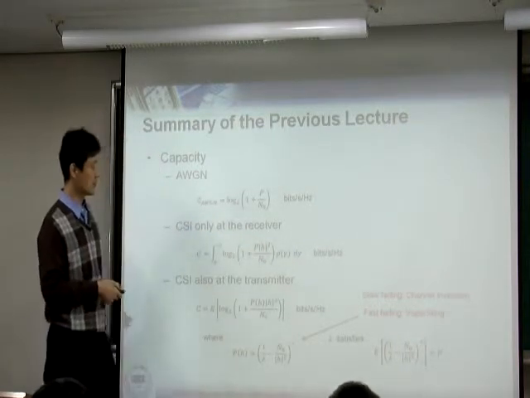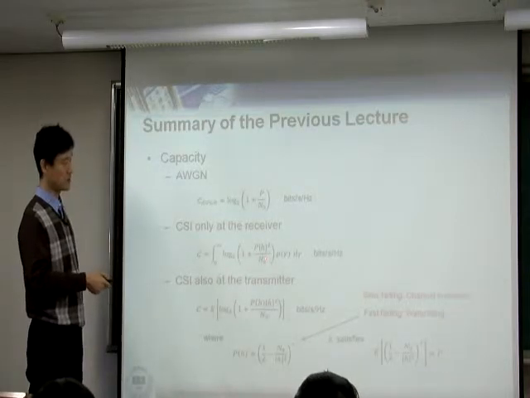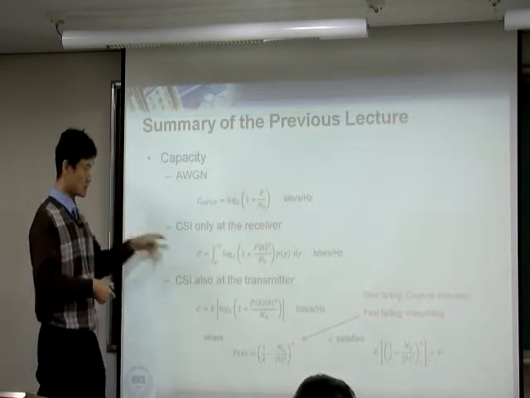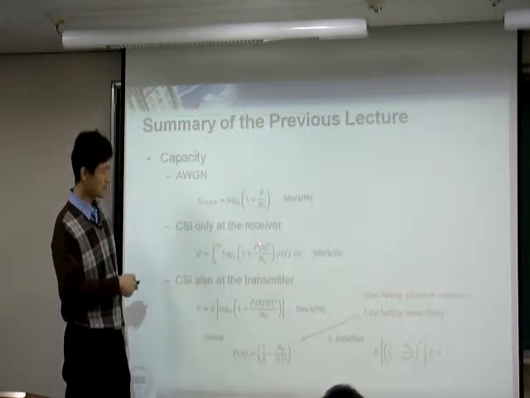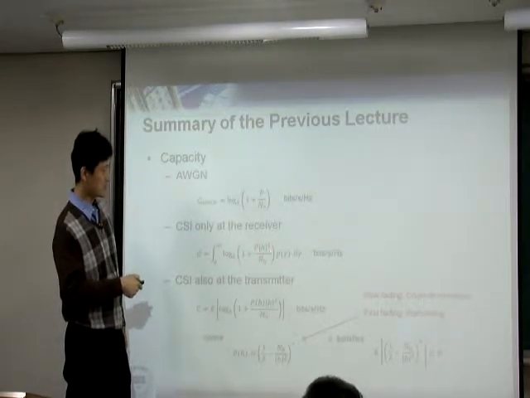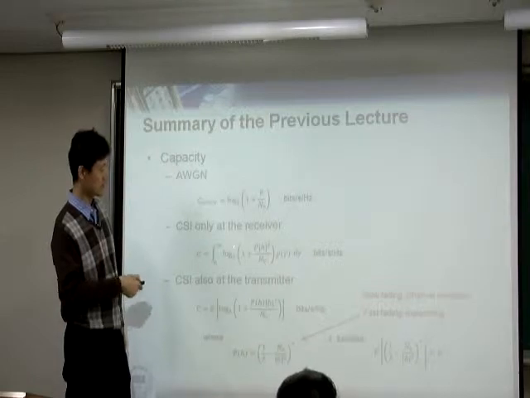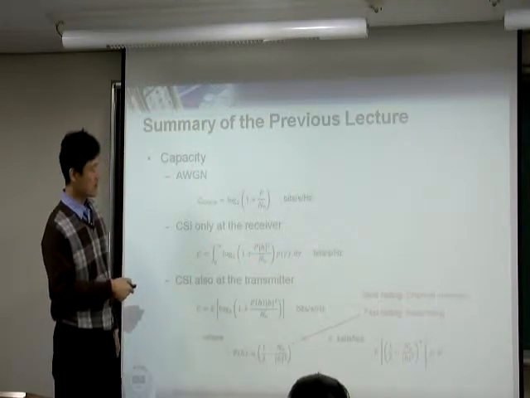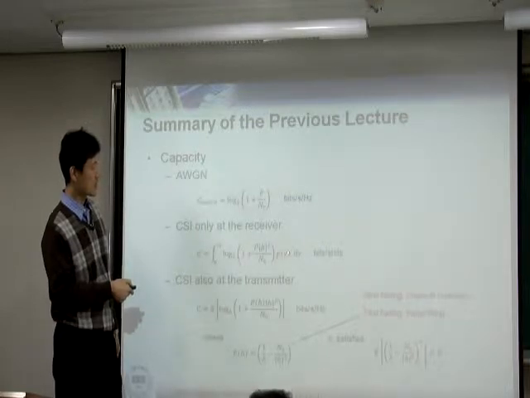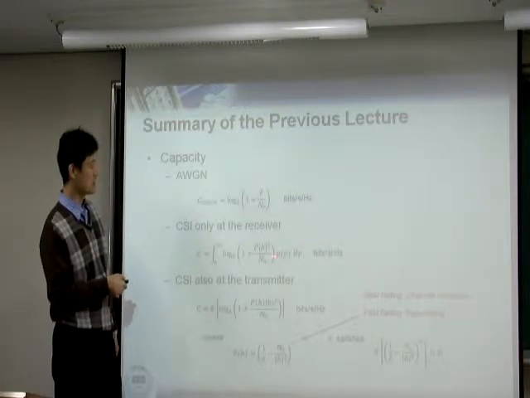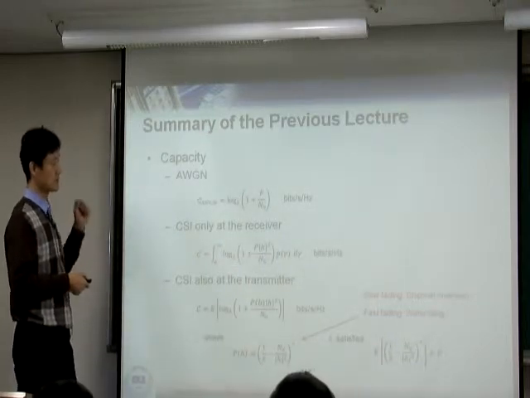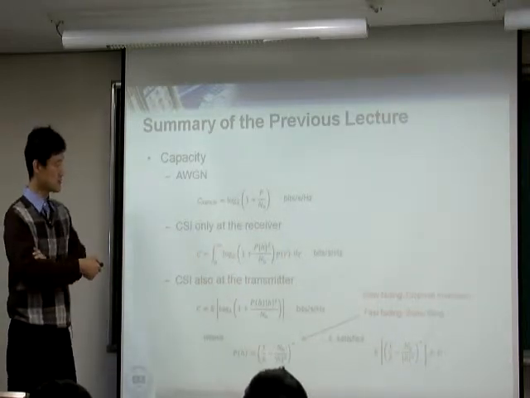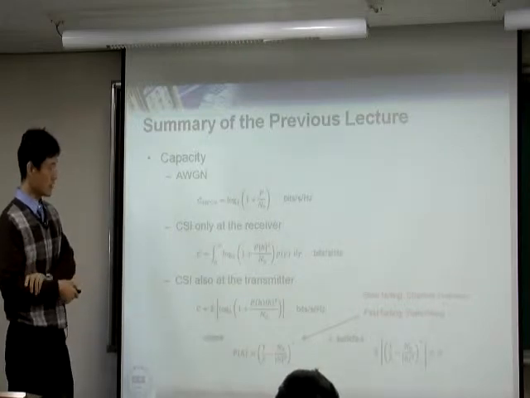Divide by N0, that's going to be your receive SNR. So this log function is the capacity when you receive this, from the receiver perspective. And what we want to know is this P of gamma, which is the SNR distribution, and you do an integration. That's going to be the capacity at the receiver, okay?